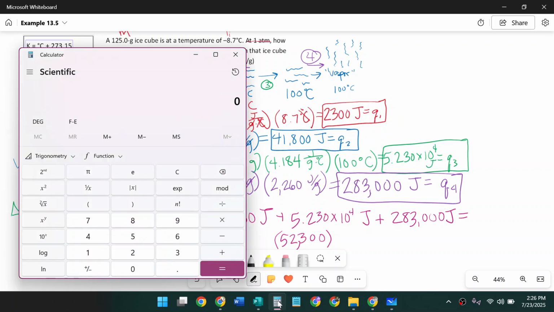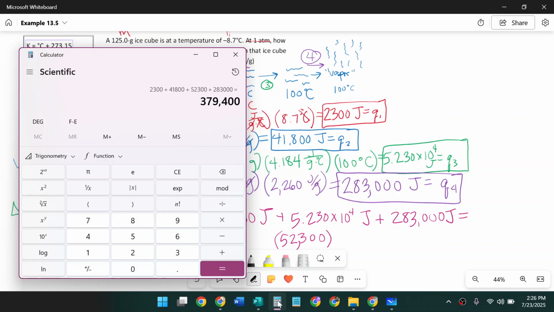All right, let's see if I can do this without looking at all my numbers. Plus 0 plus 52300 plus 28300.